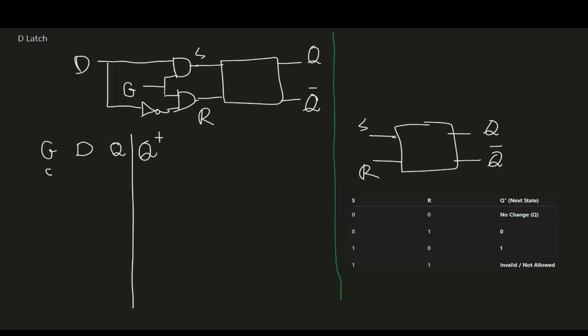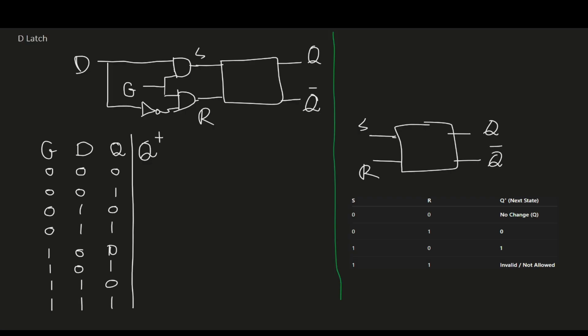We start with 0, 0, but the current state could be 0 and could be 1, so we write it twice. Same thing for 0, 1: Q could be 0, could be 1. For 1, 0, we write it twice, 0, 1. And then we have 1, 1, we write it twice, because Q could be 0, could be 1.